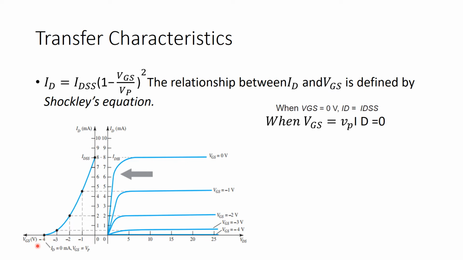When VGS is negative and ID is equal to 0, it is in saturation region. So in this way you can plot the transfer characteristic, and ID versus VGS is closely related by this relation, which is called the Shockley relation.